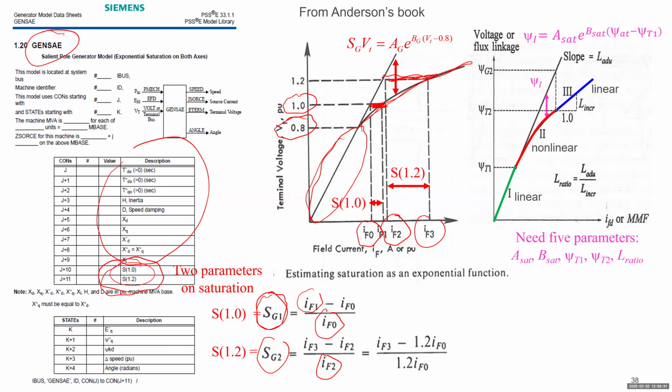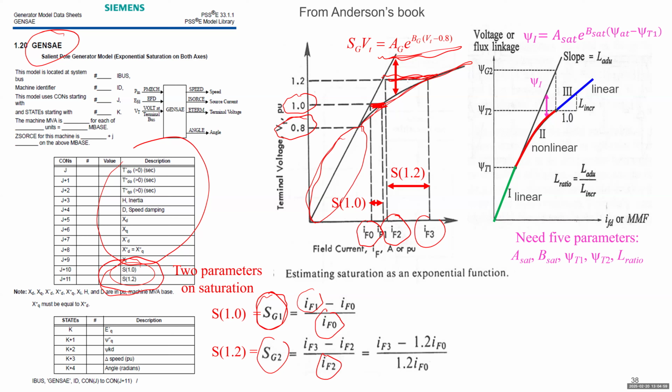All right, so then if we use an exponential function to model the gap, how the voltage deviates from a non-saturated terminal voltage, we can assume an exponential function. So this exponential function is already defined. There are two boundary points, one is 0.8, which is similar to psi t1 on the right figure, and 1.2 is similar to the boundary point of psi g2.